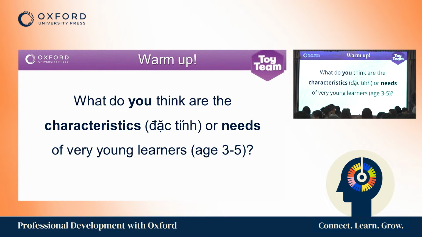I would like you to take a pen and with your group, spend around 2 or 3 minutes brainstorming what do you think very young learners need, and what are their characteristics. For example, you might say they have short attention spans, something like that. This is an opportunity for us to share our ideas, and we won't look at them immediately.